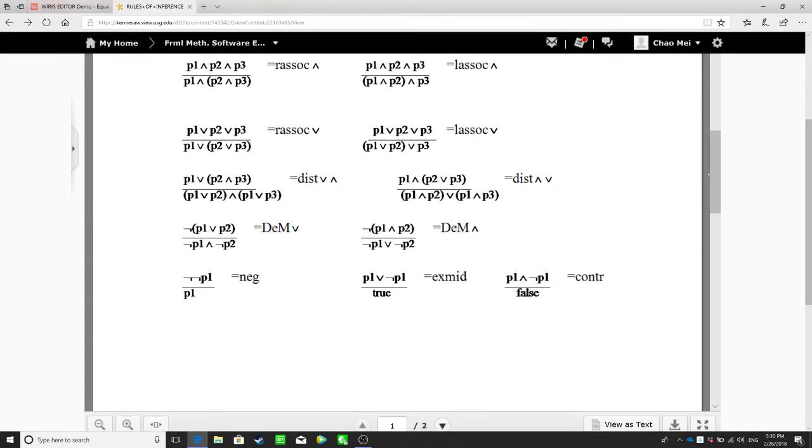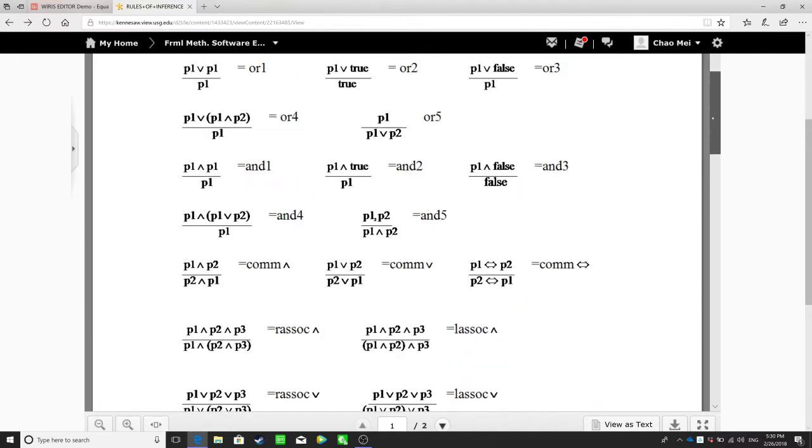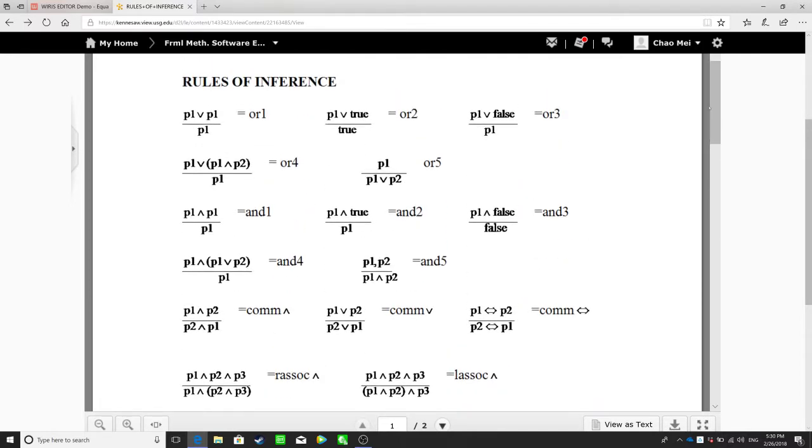Usually when you have P1 and the negation of P1, when you combine them with or and and, you can easily get a true or false, right? And when you have a true or false, it actually helps you a lot, because when you combine anything with a true or false, you will have something simpler, right?